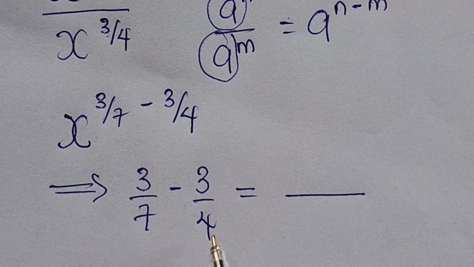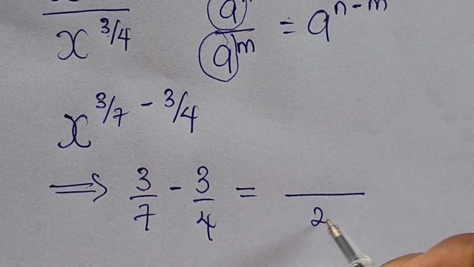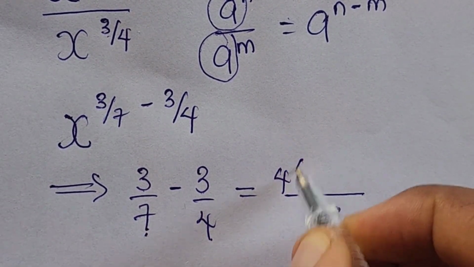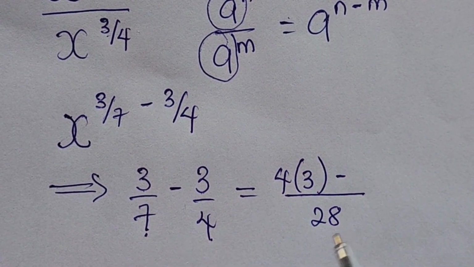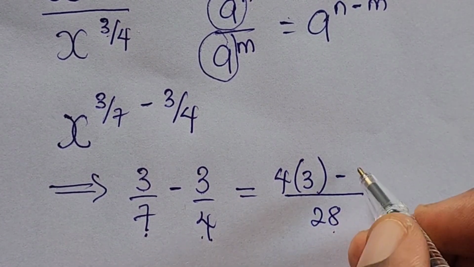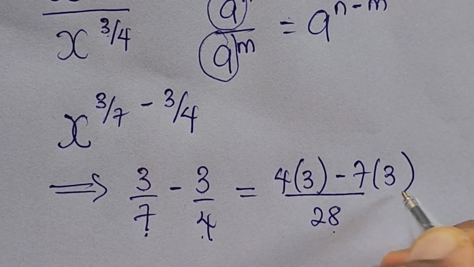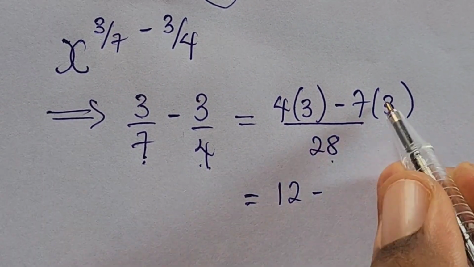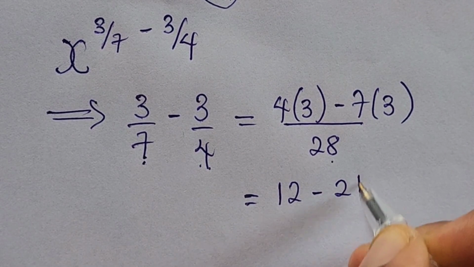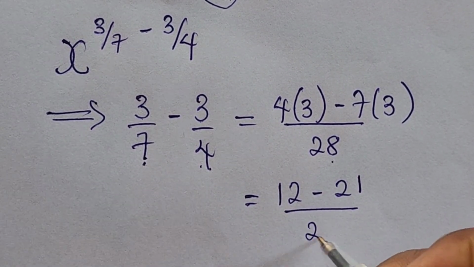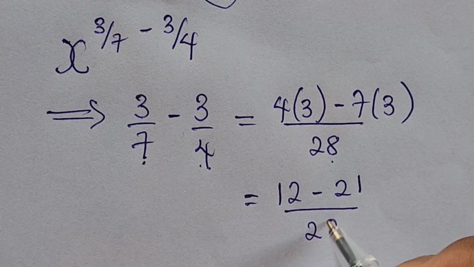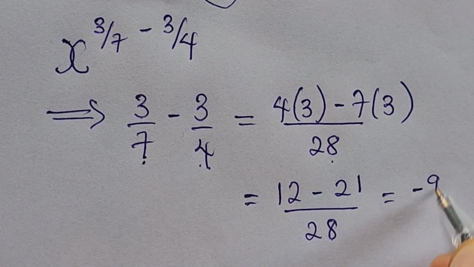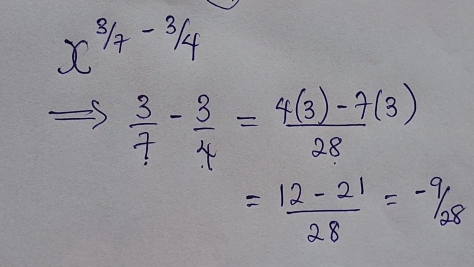So the LCM of 7 and 4 is 28. 28 divided by 7, we have 4 times 3. Minus 28 divided by 4, we have 7 times 3. So we have 12 minus 21 all over 28, which is equal to minus 9 over 28.